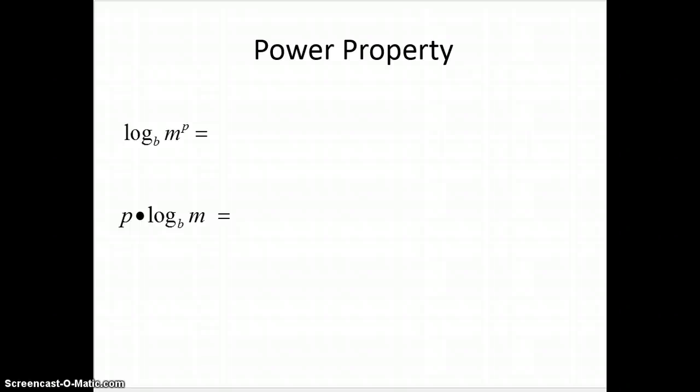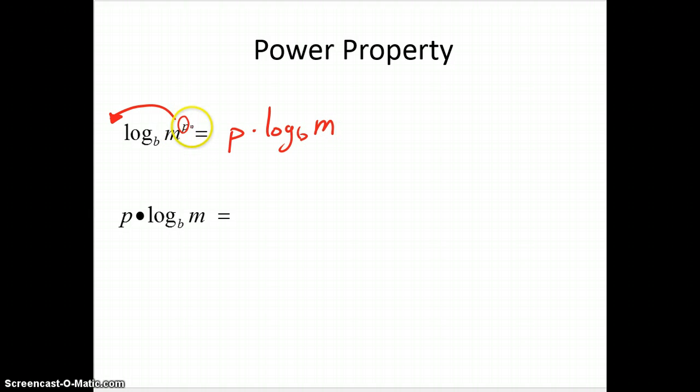The next property that we're going to look at is what we call a power property. And what happens in the power property is you're given the logarithm of something that was raised to a power. So this p is a power, and what we can do is represent it out front. So we can say it's p times the logarithm.